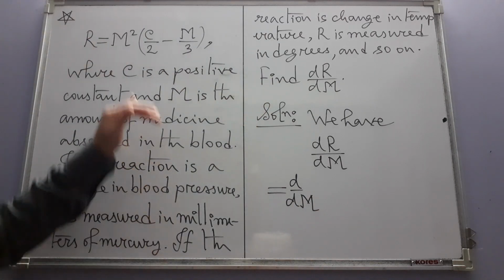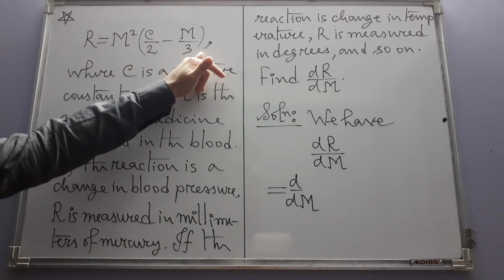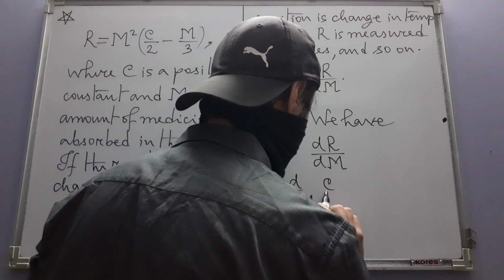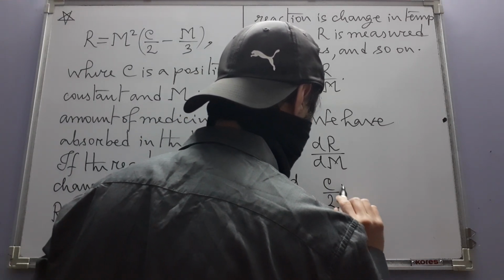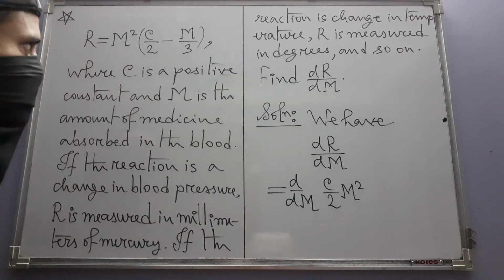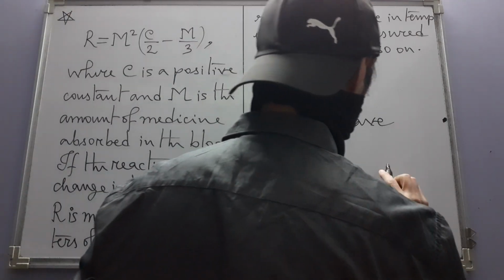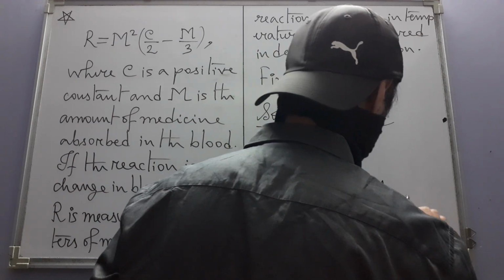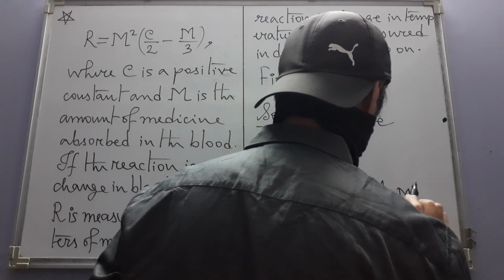Let us first multiply this thing by M squared, because that way it will be easier. So that then looks like this. With respect to M, C over 2 is constant, so we write that first, minus 1 over 3 times M cubed.